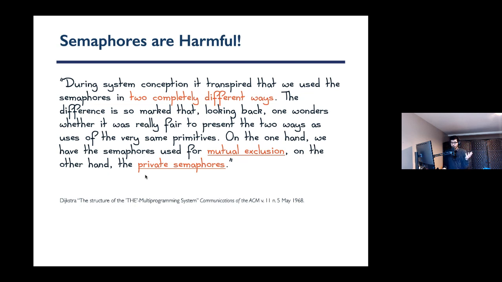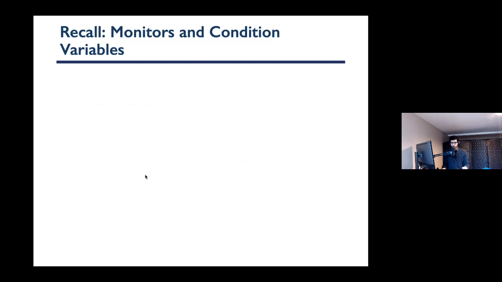Somebody puts code with semaphores in front of you, and you have to scratch your head to figure out what the code is doing. Is this semaphore used for constraints? Is this used for mutual exclusion? It's just complicated because it serves 2 purposes. And we don't like that in modular programming. We want everything to have a single functionality and then be used for that single functionality.